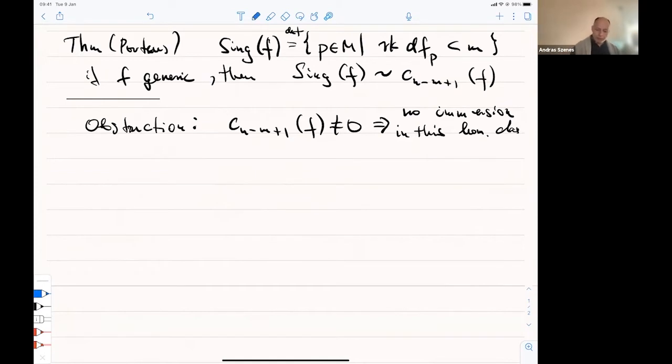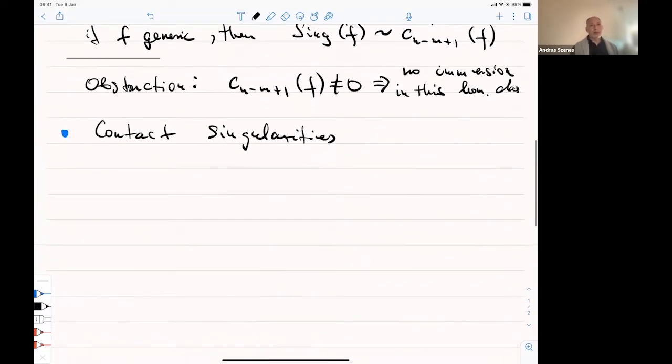This classification is called contact singularities. And it's the following idea. Again, the setup is the same: I have two complex manifolds M and N with a map F between them, and now I'll define an invariant.